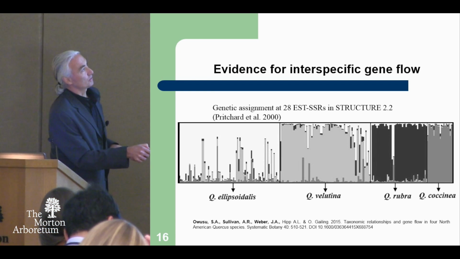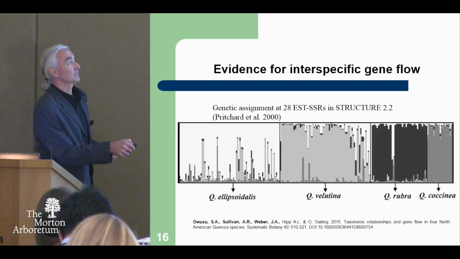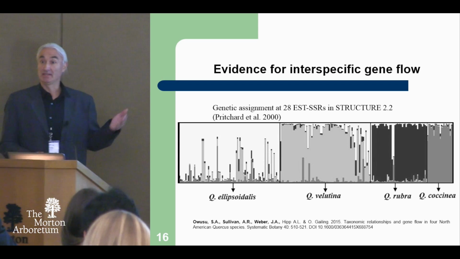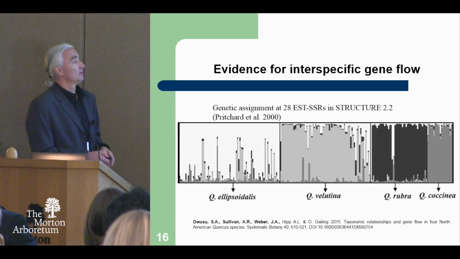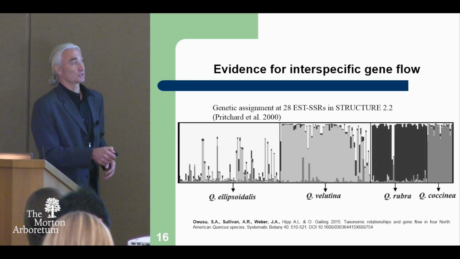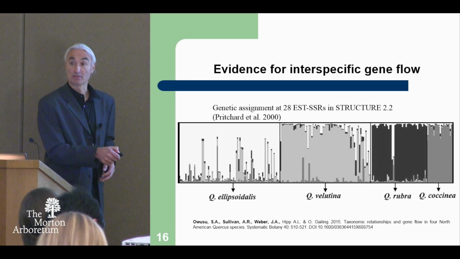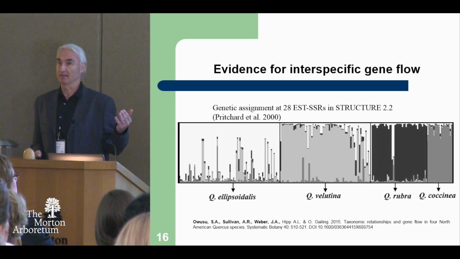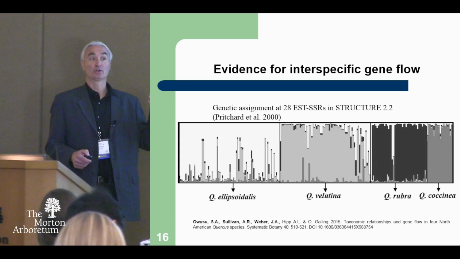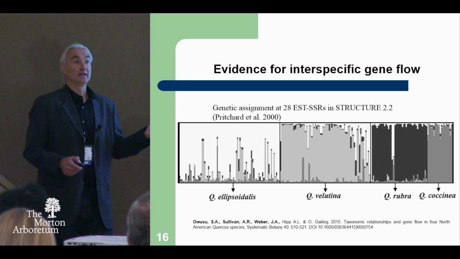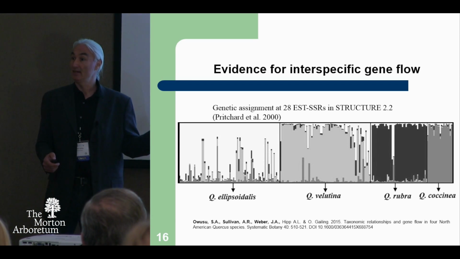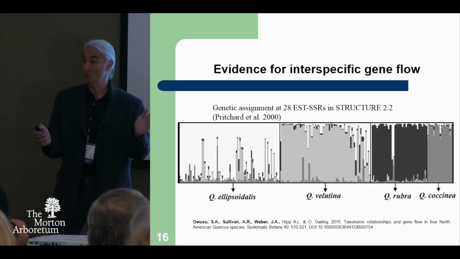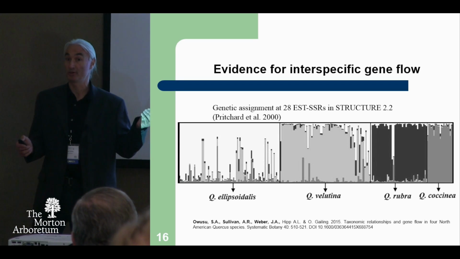but there are a certain number of individuals that are genetically intermediate, in this case mainly between Quercus ellipsoidalis and Quercus velutina, and their ranges are overlapping. That's an indication of interspecific gene flow. It might also indicate that they have only recently diverged and share certain polymorphisms.